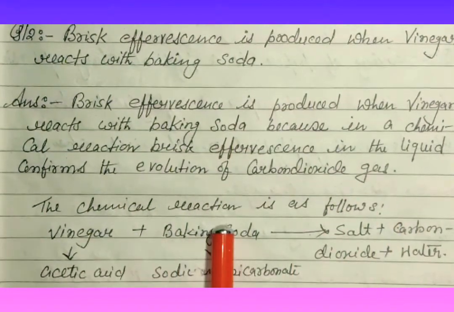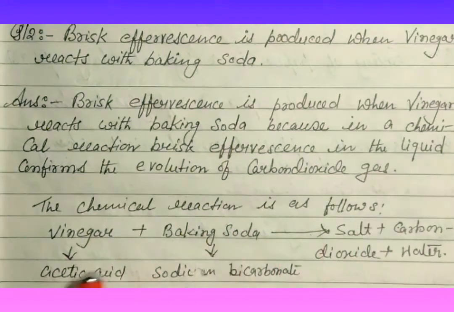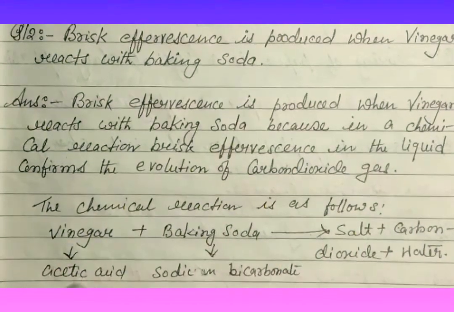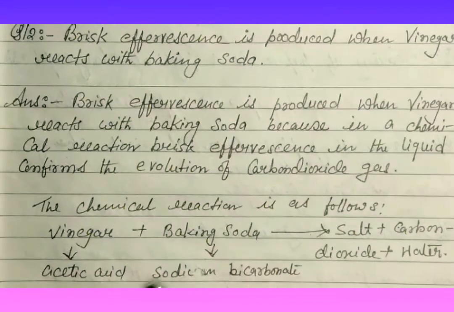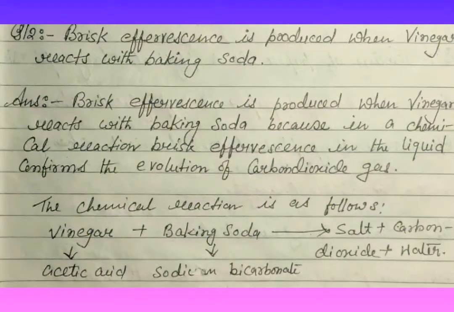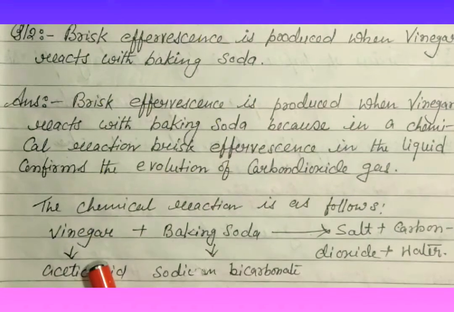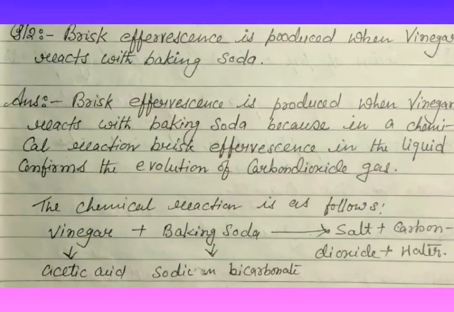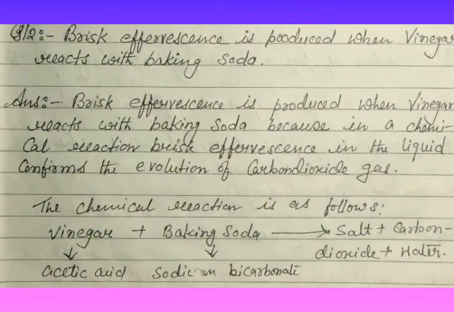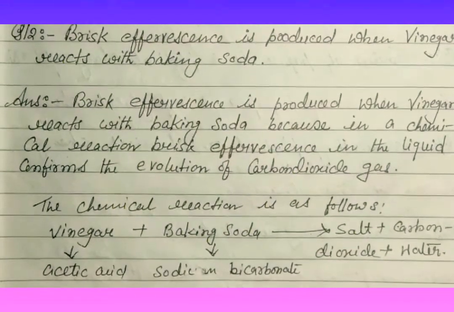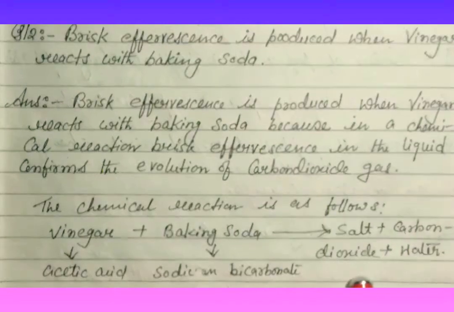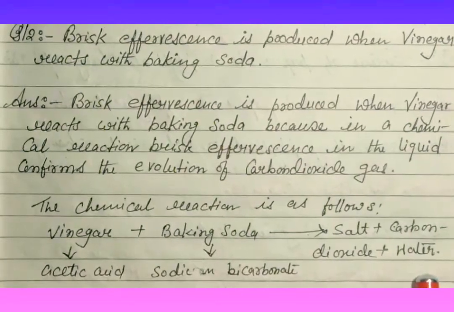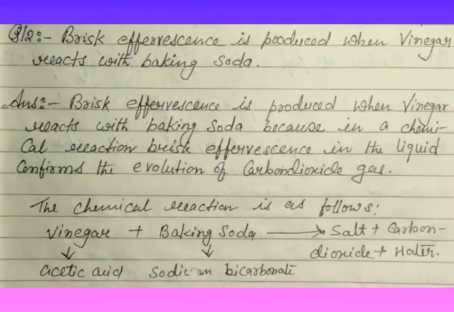The chemical reaction is as follows. Vinegar, its chemical name is acetic acid. Baking soda, its chemical name is sodium bicarbonate. Vinegar is an acid, sodium bicarbonate is a base. When both react with each other, they form salt, carbon dioxide and water.